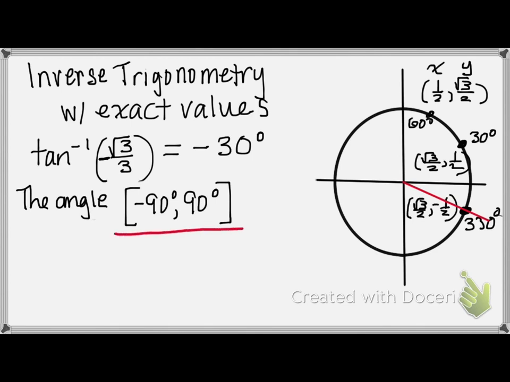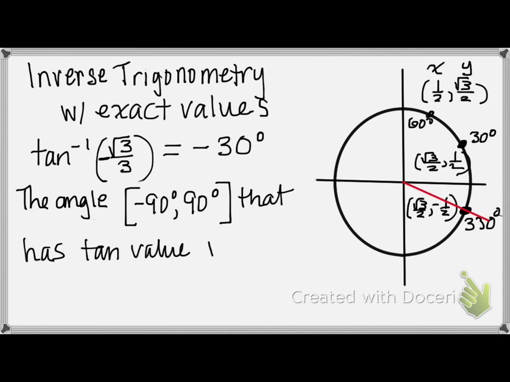So that is an interval notation that says between negative 90 degrees and 90 degrees. So it's the angle between negative 90 degrees and 90 degrees that has tangent value of whatever it is, rad 3 over 3, negative rad 3 over 3. Okay? So that's how tangent works.